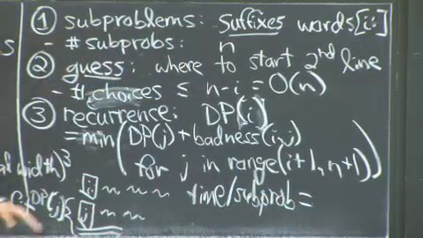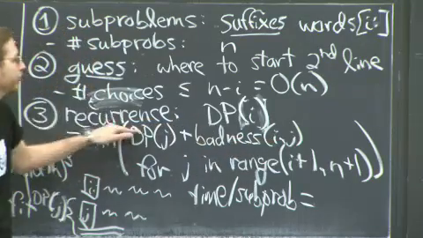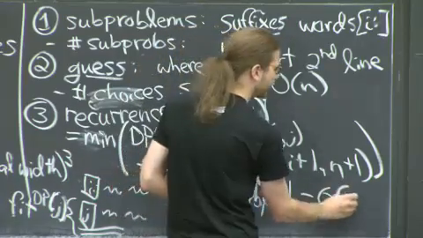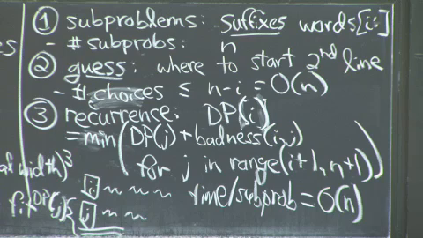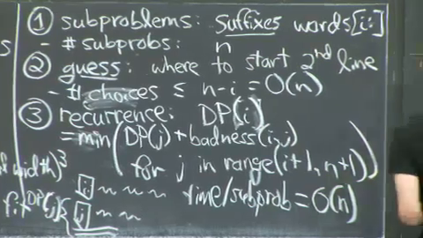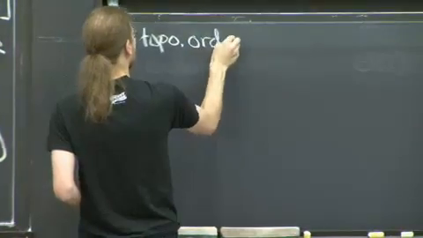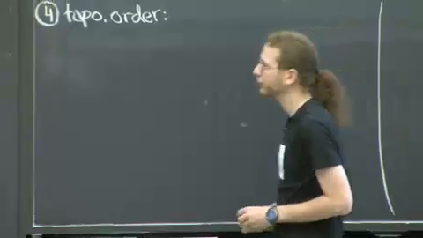I have to do this for loop. Basically, I do constant work. All of this is constant work for each choice. I said there's order n choices. So this is order n. Now we have to check that there's a topological order for this problem, or for these subproblems.